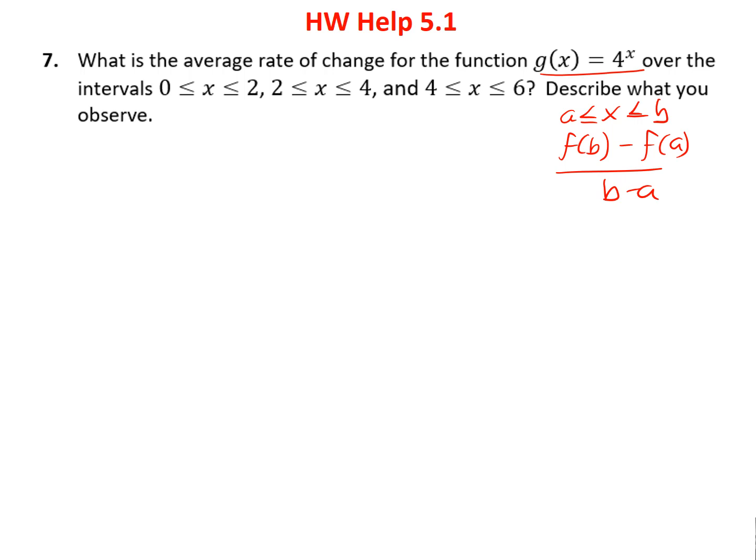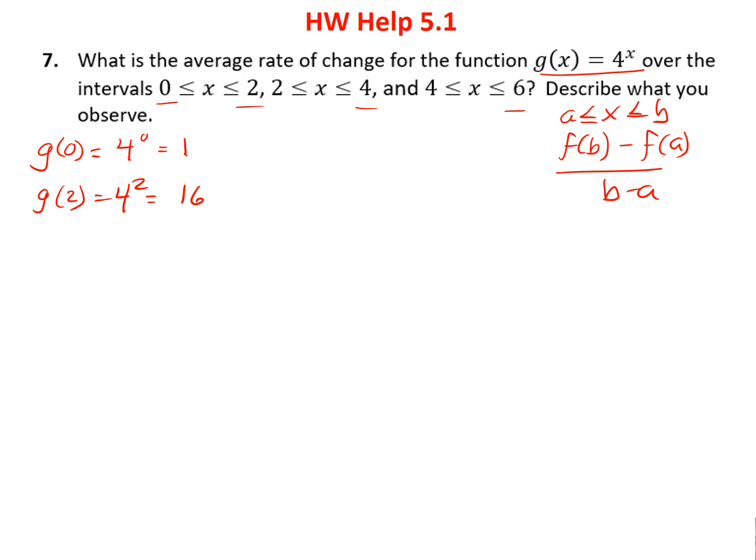I need to find 0, 2, 4, and 6. So I'm going to find g of 0. g of 0 equals 4 to the 0 power, and any number to the 0 power, no matter what number it is, is 1. Now I find g of 2. This is 4 squared, and 4 squared is 16.